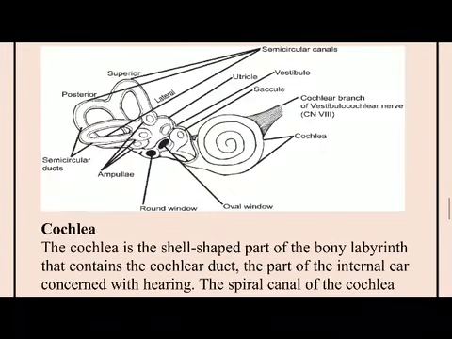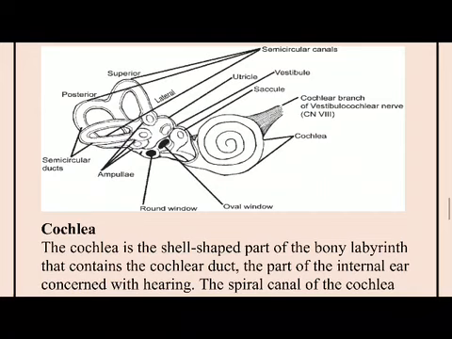What about the cochlea? The cochlea is the shell-shaped part of the bony labyrinth. It's also illustrated in that diagram. The cochlea contains the cochlear ducts, the part of the internal ear that is concerned with hearing. So the cochlear duct is very important because it's concerned with hearing.